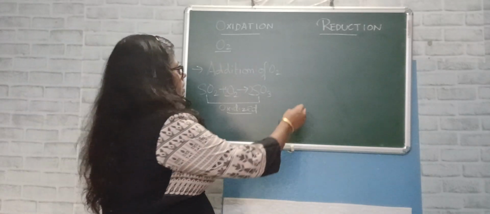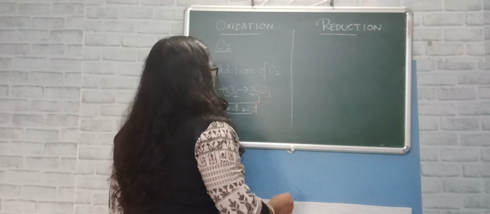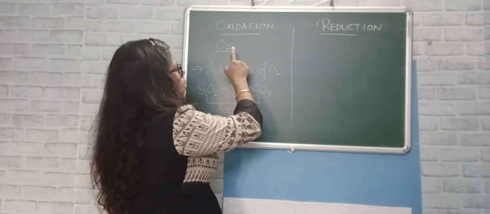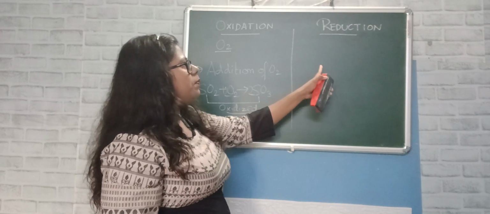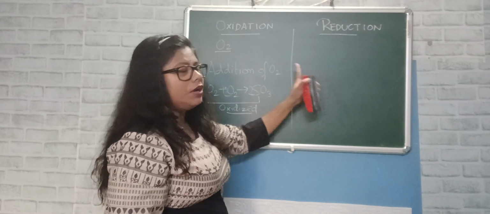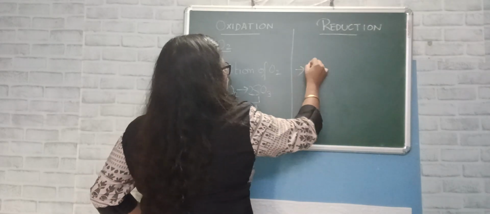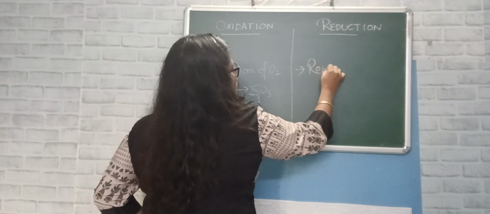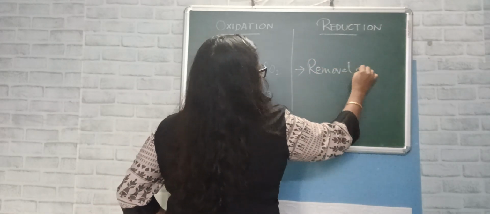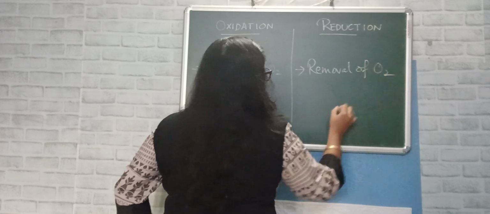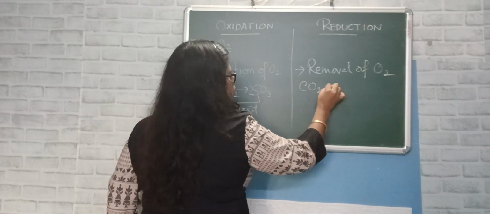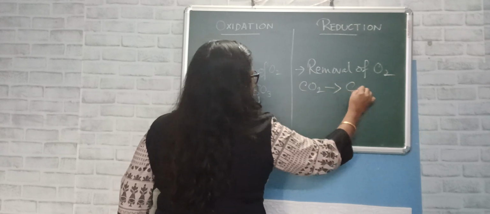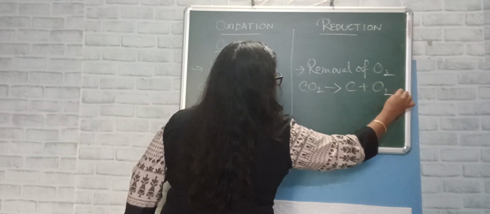Next, in case of reduction, in respect to oxygen, as oxidation is addition of oxygen, this will be just the opposite of it. That means removal of oxygen. Like I was having CO2 which splits up into CO plus O2.